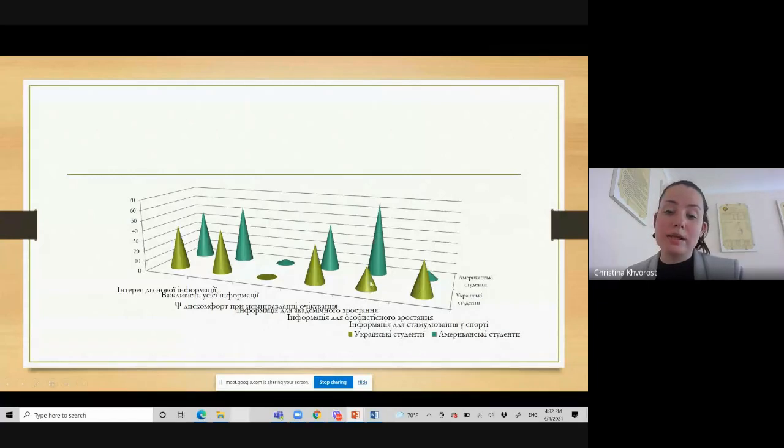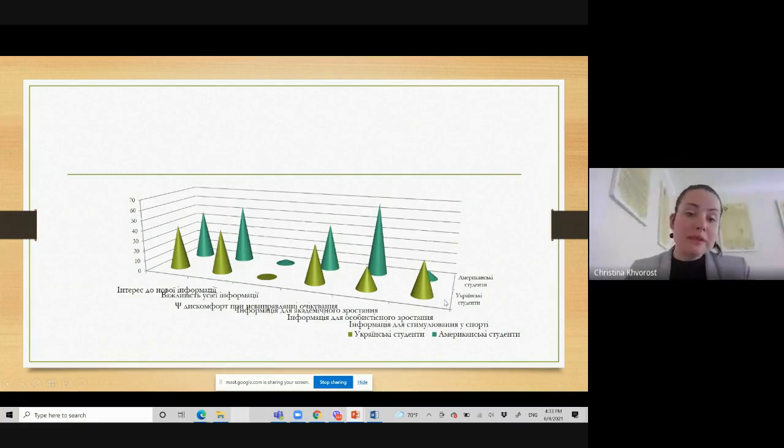This one is the importance of information for personal development, and we see for American students it is much larger than the Ukrainian component, and vice versa. The last one is information stimulating sport activities. Here we see the Ukrainian results are larger than the Americans'.